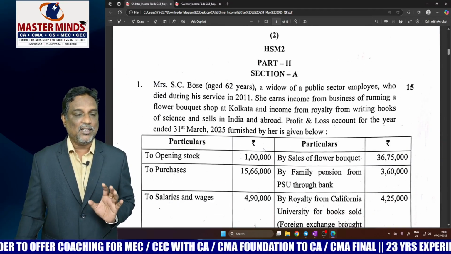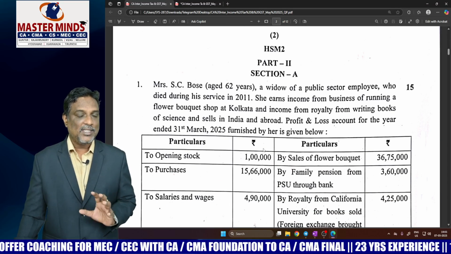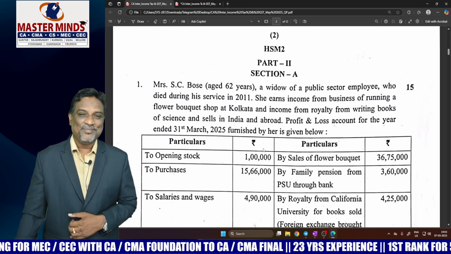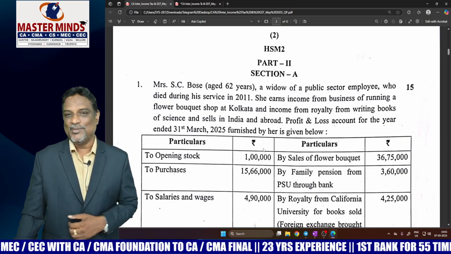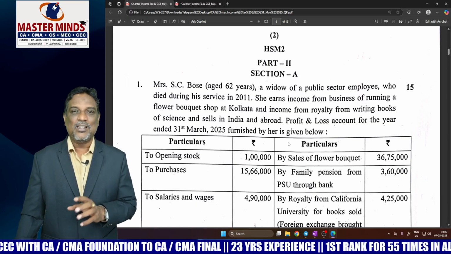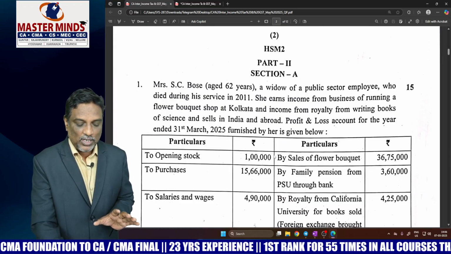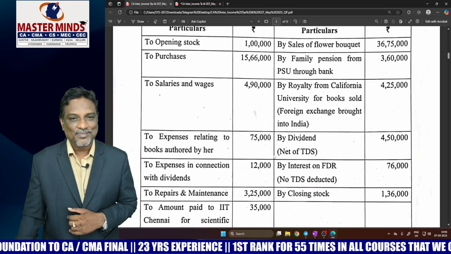All those adjustments were covered in our material, taken from various problems. Something different, a model problem. So this is the first problem from the total income chapter for 15 marks.